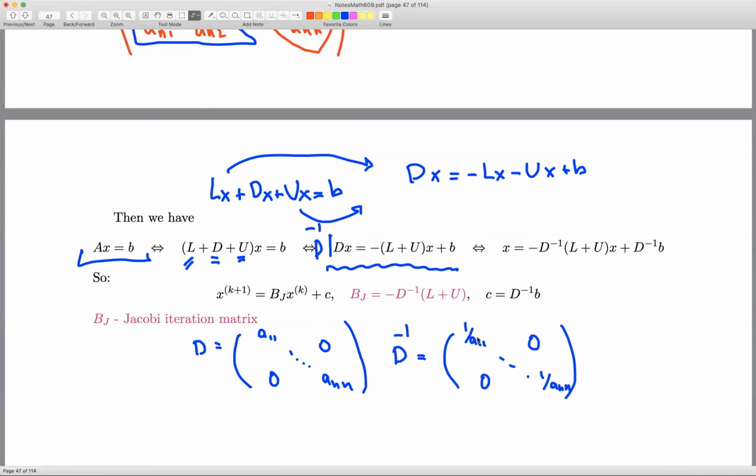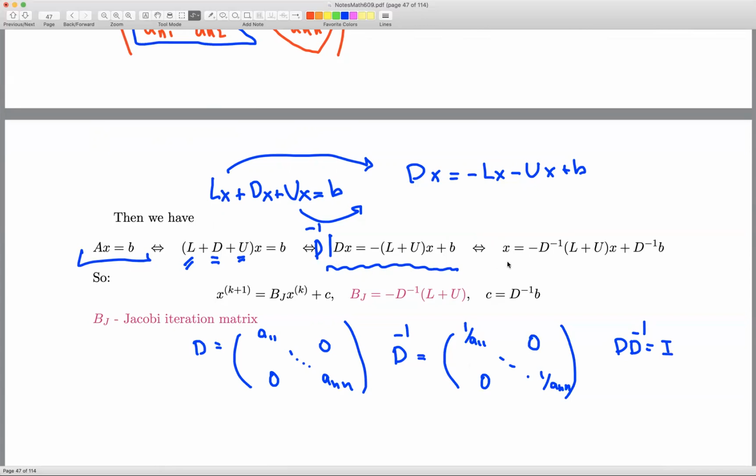And indeed, if you look at D multiplied by this matrix, which I claim is the D inverse, then A11 will be multiplied by 1 over A11, so you end up with 1, and so on. Ann will be multiplied by 1 over Ann, and you will end up with 1. So the result will be that on the main diagonal, you have all 1s. And outside of the main diagonal, we will have all 0s because of the multiplication of 2 diagonal matrices. So indeed, this matrix D is invertible.